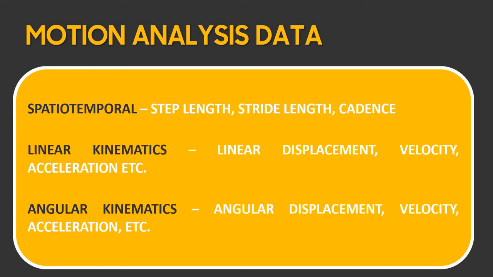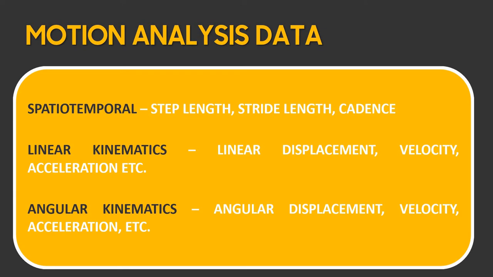So we can also measure the linear displacement and linear velocity and linear acceleration and so on. But we're also able to get a third type of measurement known as spatiotemporal. And again, biomechanists, confusing terminology used to represent fairly straightforward terms, or concepts I should say.